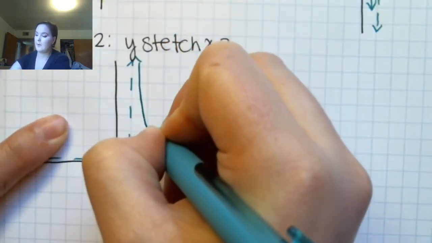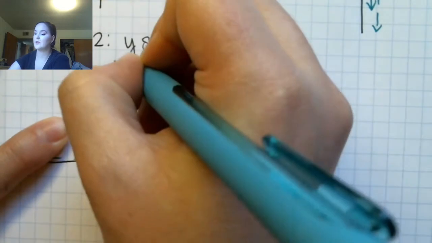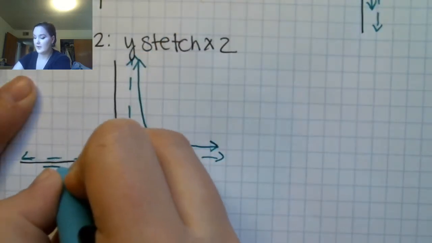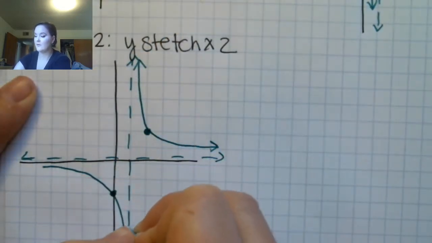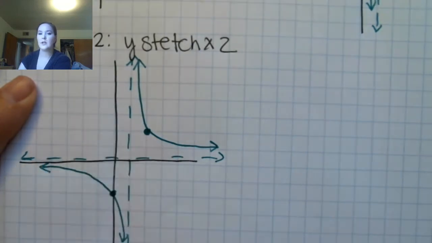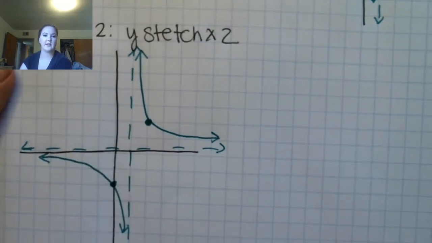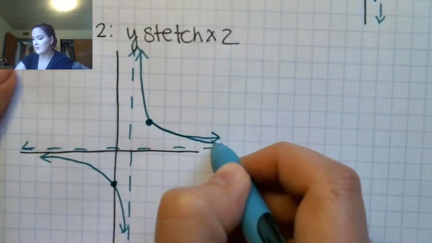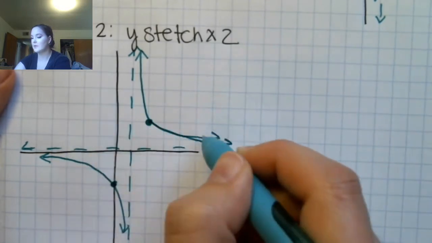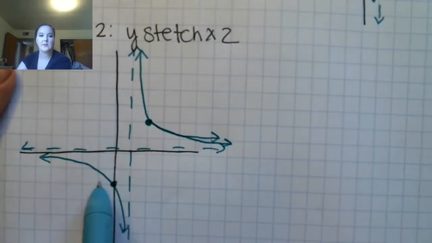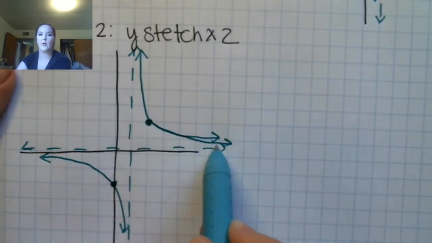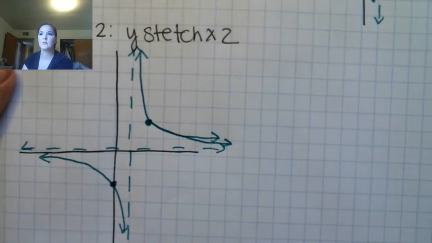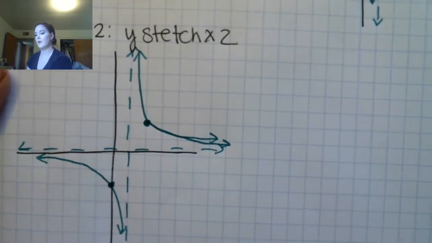Remember to draw it going down towards those lines. Even though the key point is further away from them now, it should still go towards the lines. Sometimes, and I've just done this, people don't show it crossing this line, which it definitely does. So make sure your graph is going all the way towards those dotted lines that you have.